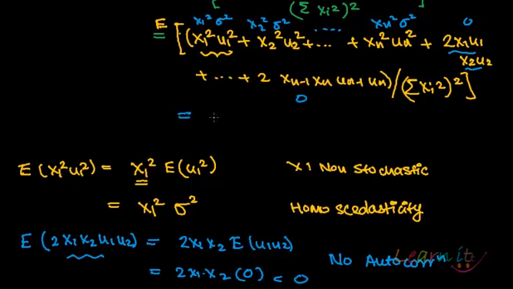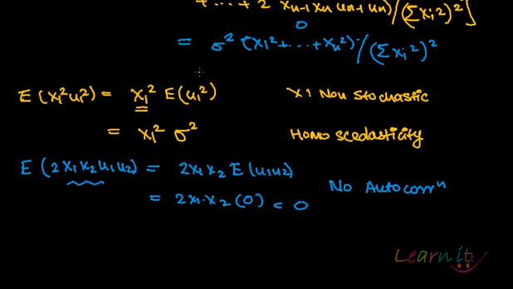So what you can do is, when you take the expectation of all this, this becomes sigma square into (x1 square plus so on to xn square). You've taken the sigma square common, plus 0 0 0, so that is all 0, upon (summation of xi square) square. There's no change in this because this is non-stochastic. So let me put this here in a different ink.